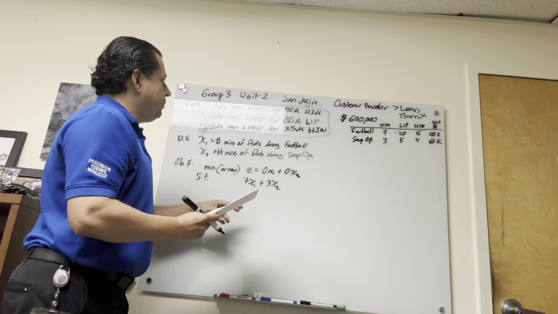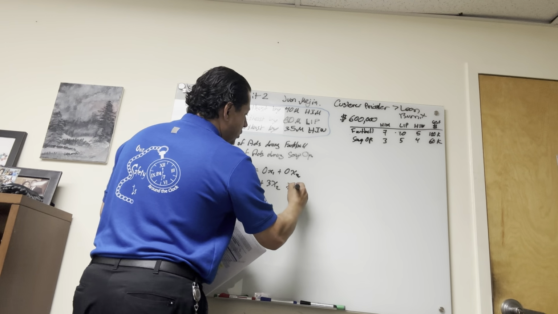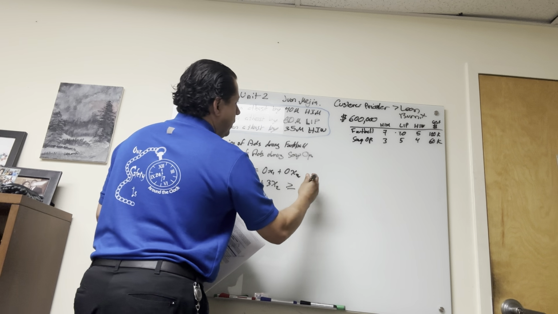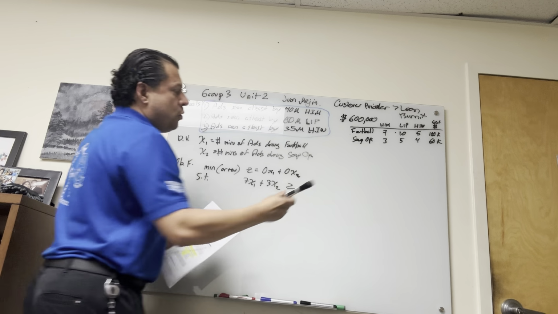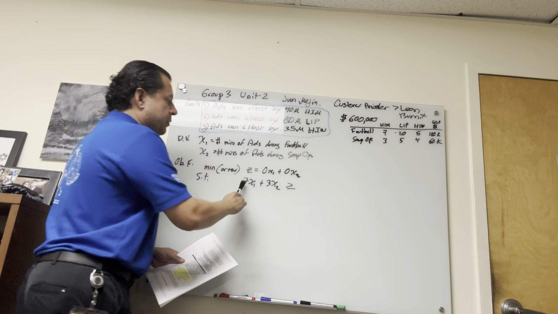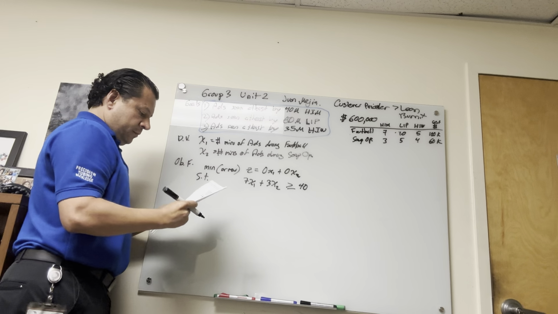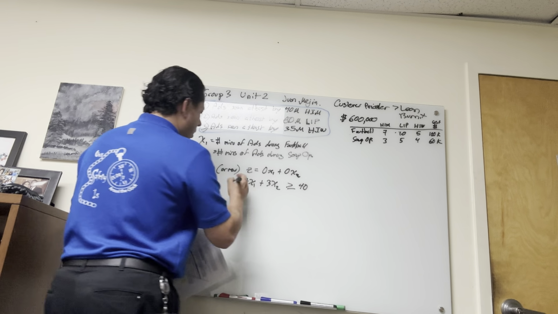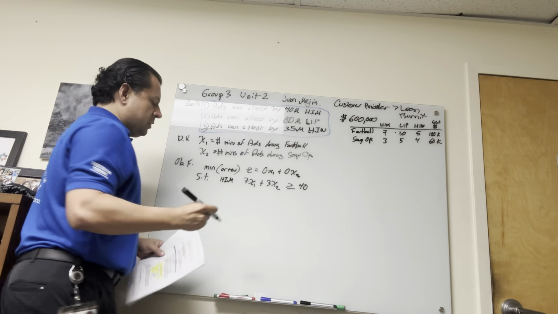And this has to be at least, so it has to be greater or equal to 40 million. Meaning that in combination, all ads in football and soap opera has to be 40 million. And this constraint is what we're going to call the HIM, which is on the table.